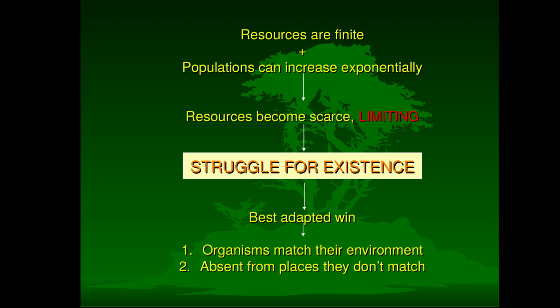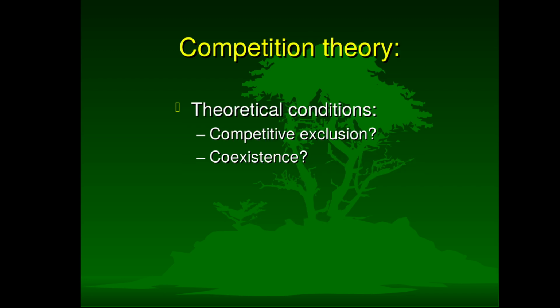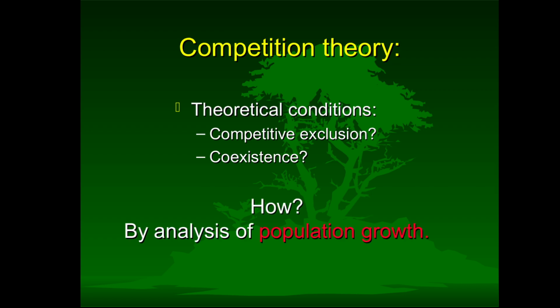Okay, so we start with the logistic growth equation to understand the theoretical conditions in which a competitor can exclude another competitor, and the conditions under which the two competitors can coexist. We're going to understand this by analysis of population growth.